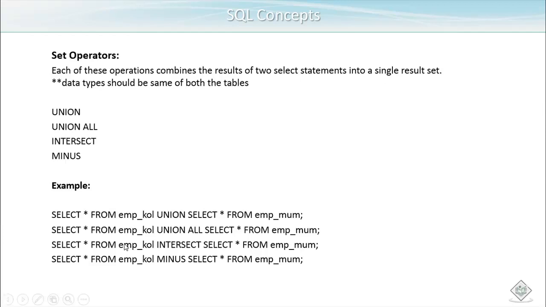In this case, we are doing the union on two different tables, that is EMP_KOL and EMP_MUM. It will select all the employees from Kolkata, select all the employees from Mumbai, and the union will combine them. So this is an example of a set operator, and this is how we can use the set operators.